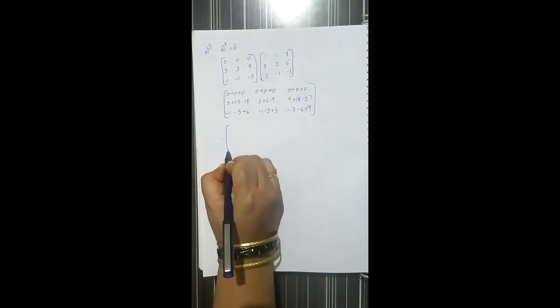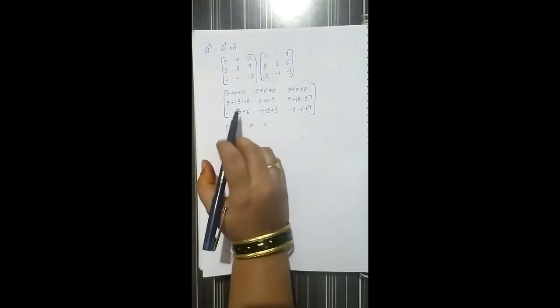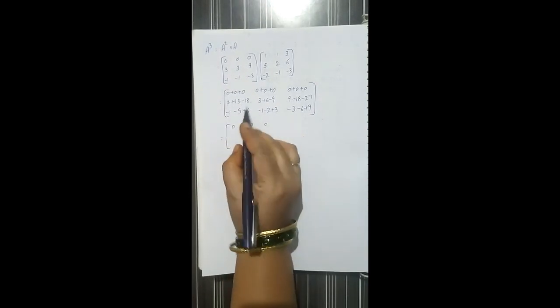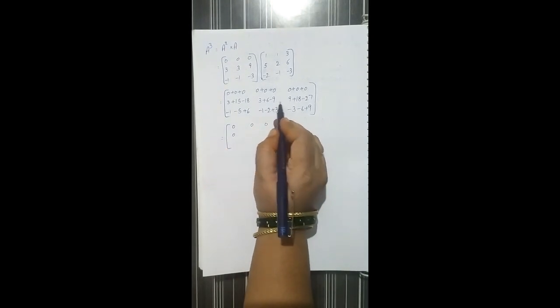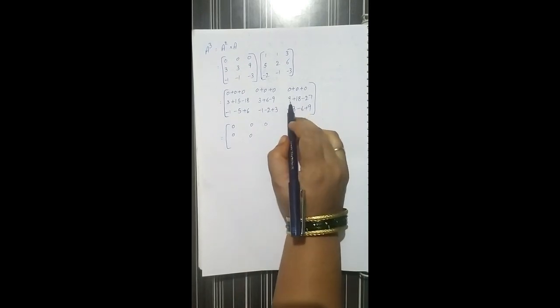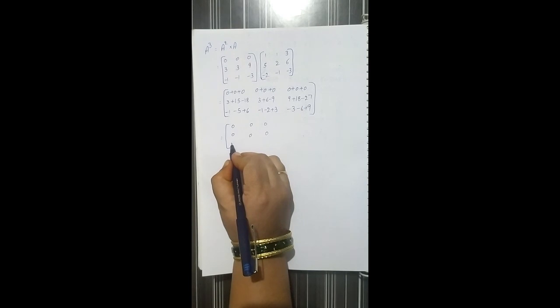That is equal to 0 plus 0 plus 0 is 0. First row is 0. 3 plus 15, 18; 18 minus 18, 0. 3 plus 6, 9; 9 minus 9, 0. 9 plus 18, 27; 27 minus 27, 0.